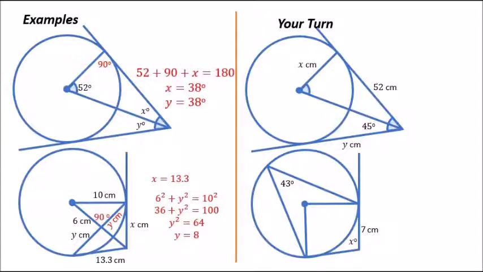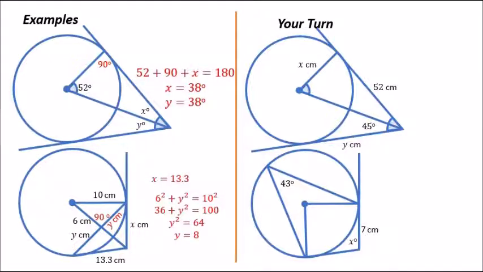Okay, so for the first example, the first thing I recognised was that this angle here was 90 degrees because the angle between a radius and a tangent is 90 degrees. If that's 90, we have 180 degrees in this triangle, so therefore those angles add up to 180, which means that this has to be 38 degrees.